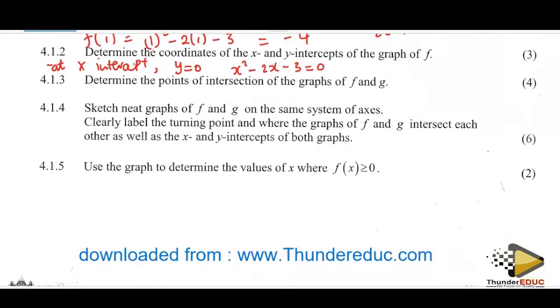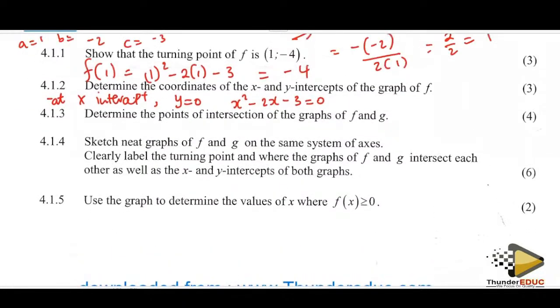Okay. If we try to solve that, I will just open my brackets, or you can use your quadratic formula. That's x minus 3 and x plus 1. Makes sense? Okay, yeah.